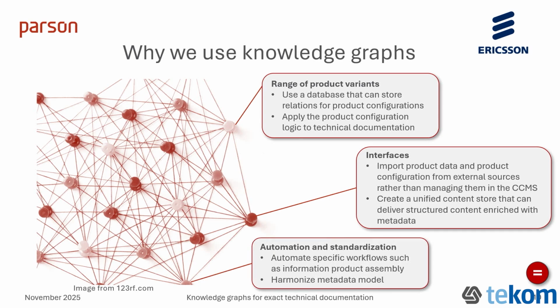So we wanted automated workflows which can build information products and could assemble these on the fly. And we wanted a harmonized and well-defined metadata model. And these were all things which knowledge graphs would give us, and they were common between the projects. There are no differences in this aspect, so the motives were clear and the goals were clear that we wanted to achieve.